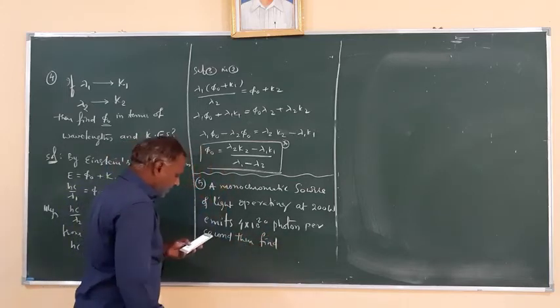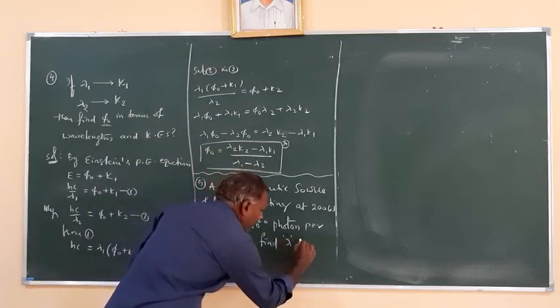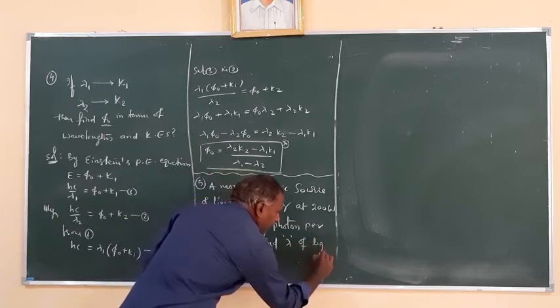Then find the wavelength of light, that is, lambda of the incident light.